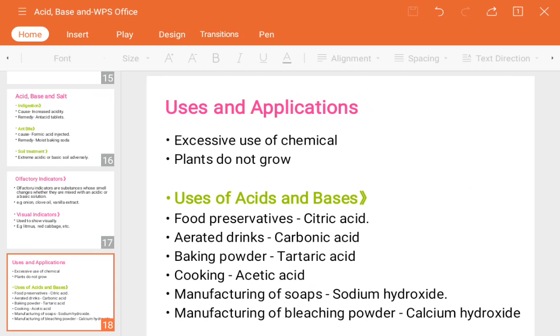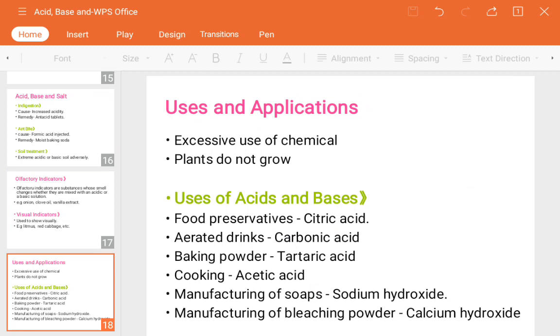What are the uses and applications? Excessive use of chemicals, for example, we check the soil nature, so we use a pH meter. So what is pH now? pH is a measurement of how acidic or basic a solution is, in which range.